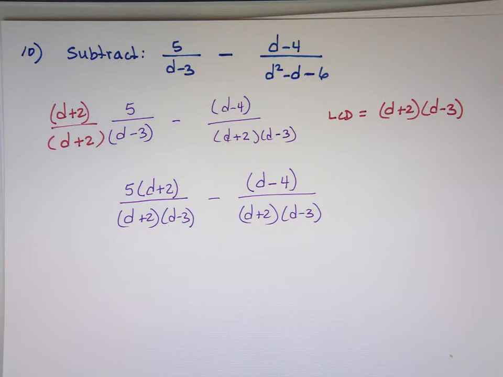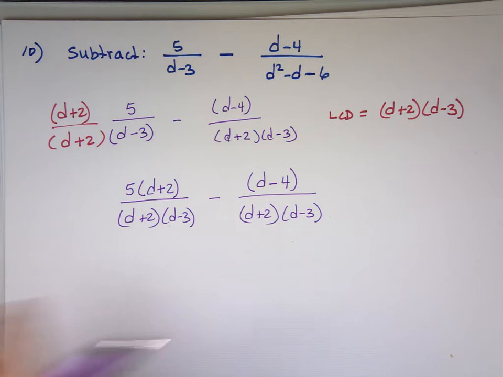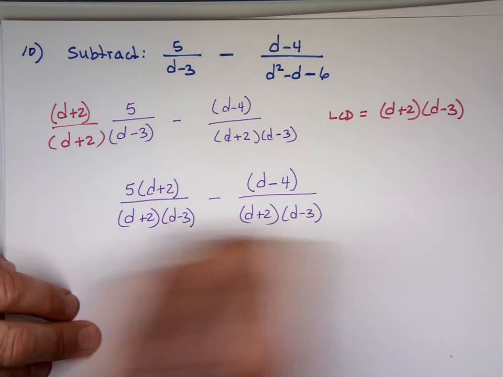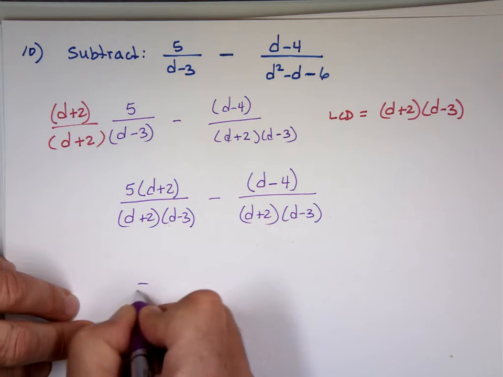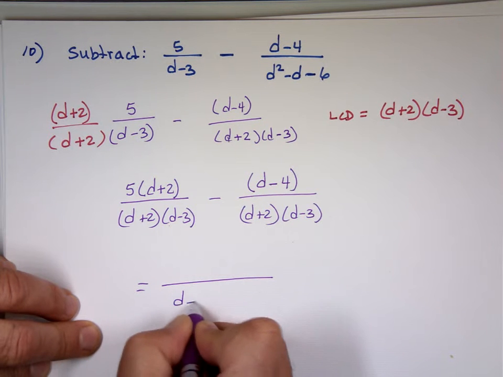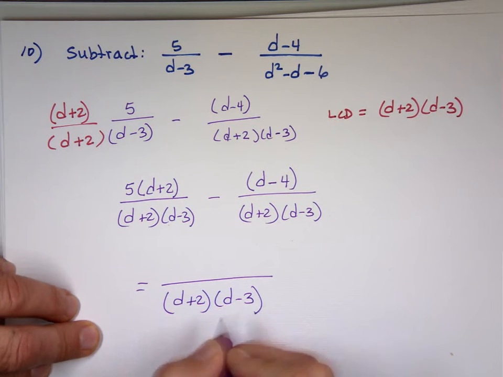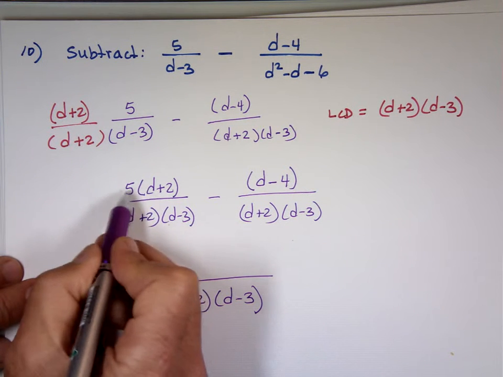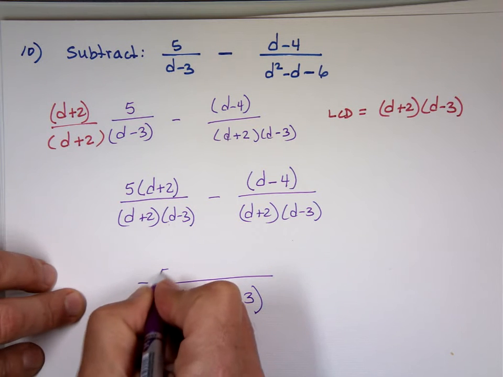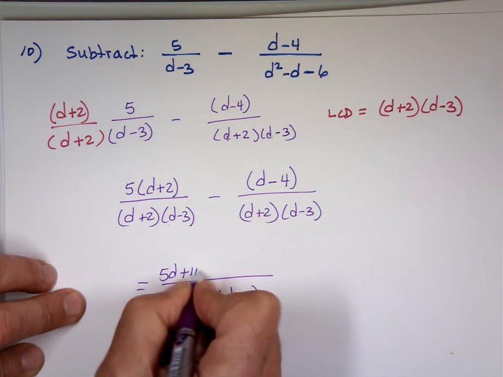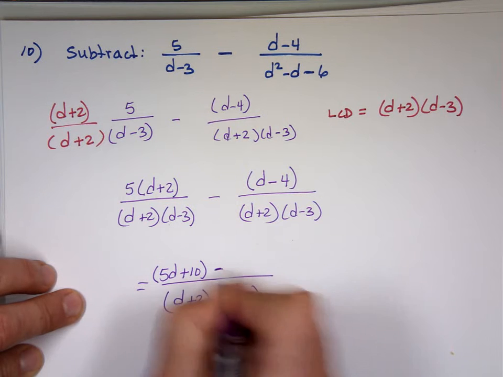Since these two are the same, I'll make it one fraction. This will be 5d plus 10 minus d minus 4.